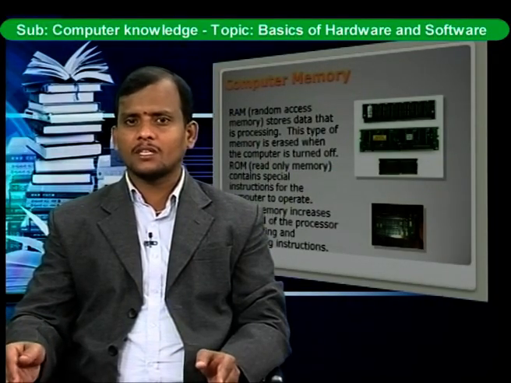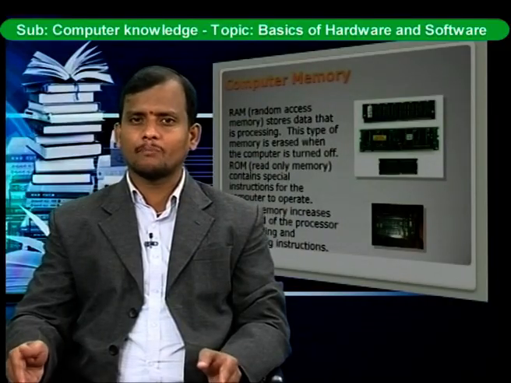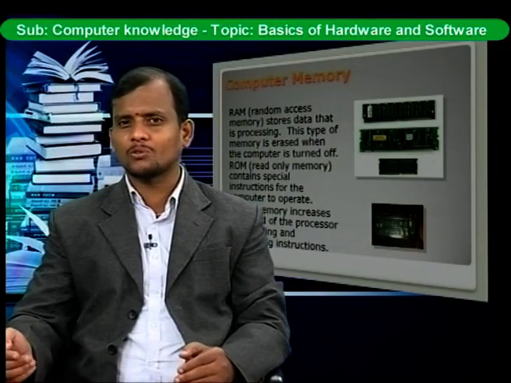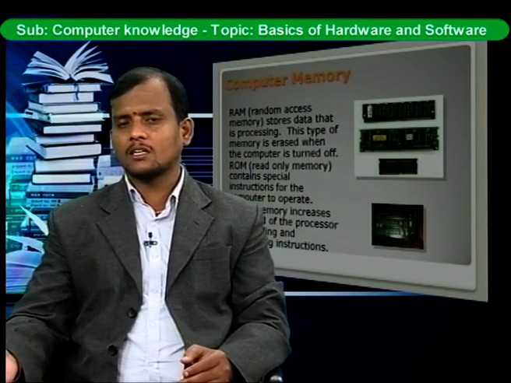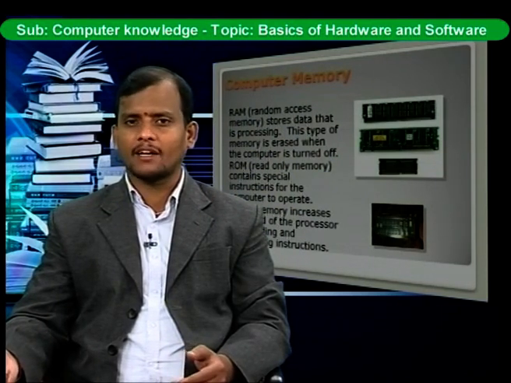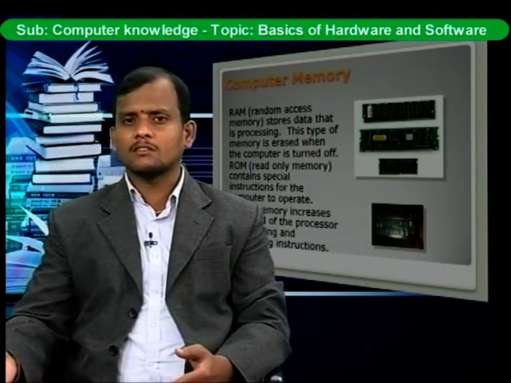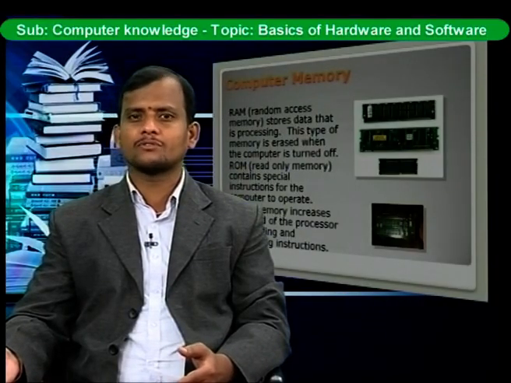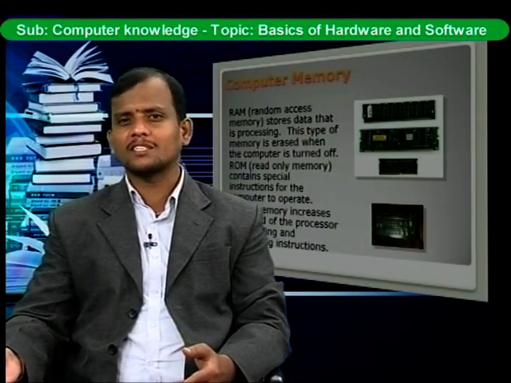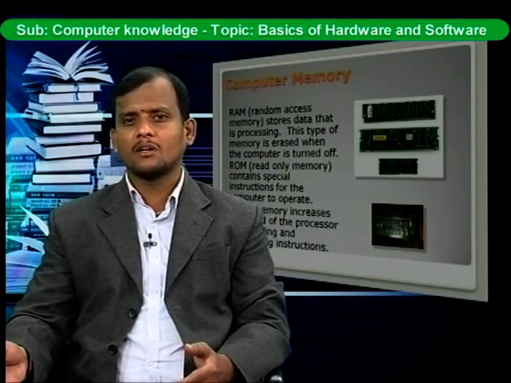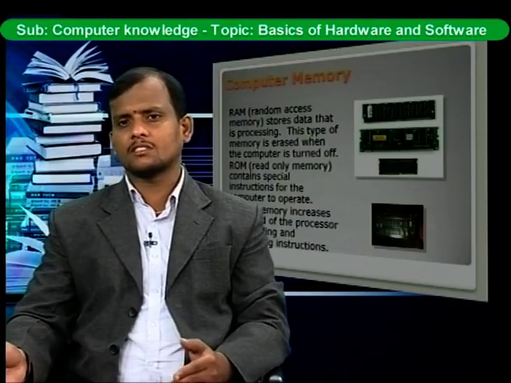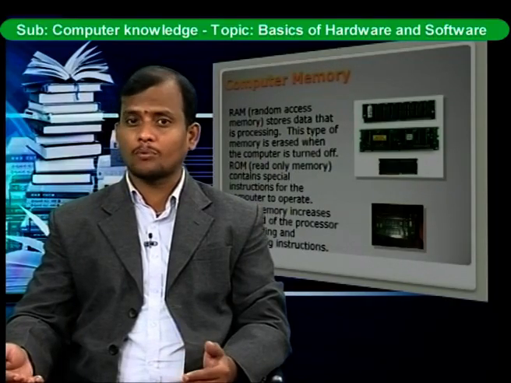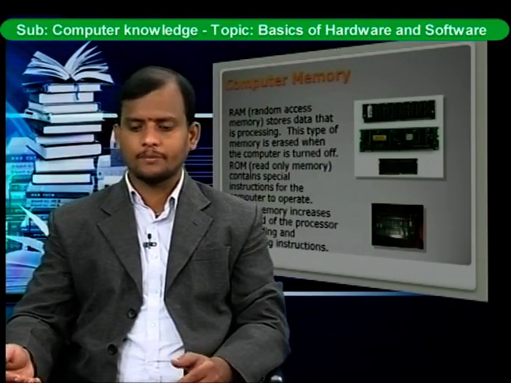In the keyboard you have some memory which stores A, and if you press B, it stores B. That is also called cache memory. It is very temporary memory, and it exists only till your system is on, till the process exists.